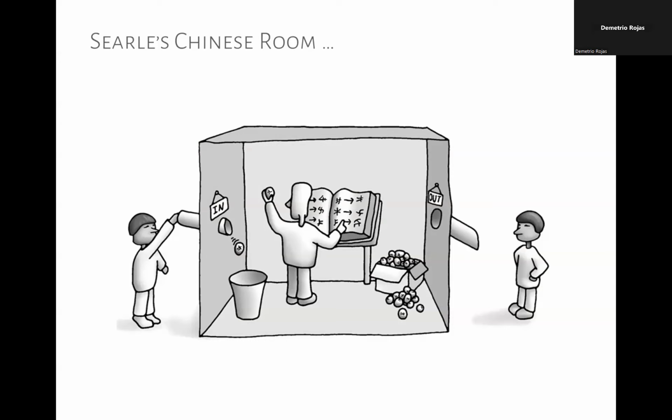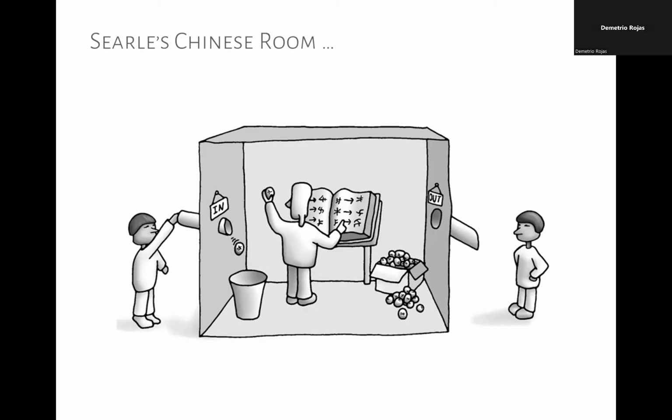Maybe not the most politically correct example these days, but the concept is that there is a person in a box receiving messages in Mandarin or some Chinese alphabet that they don't understand. In the middle, they have a rule book. For this input symbol, you follow these rules and you produce a certain output. So this person in the middle has absolutely no idea what the symbols mean or their semantic meaning.